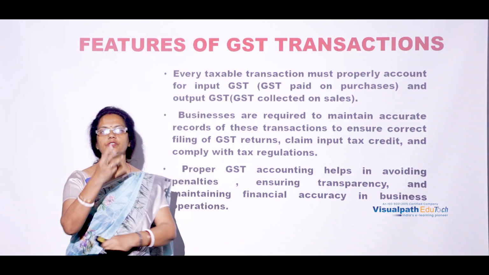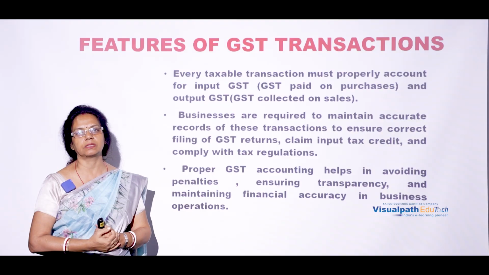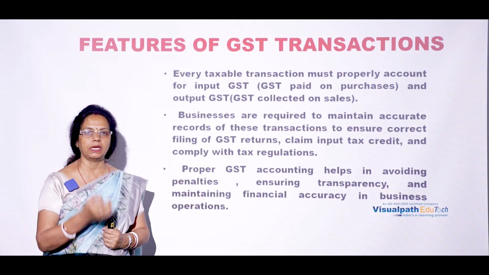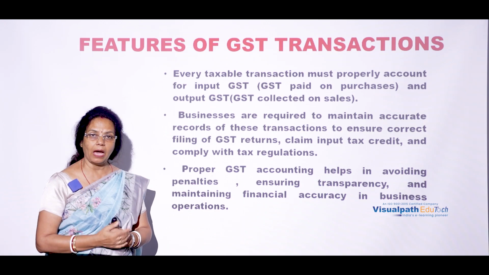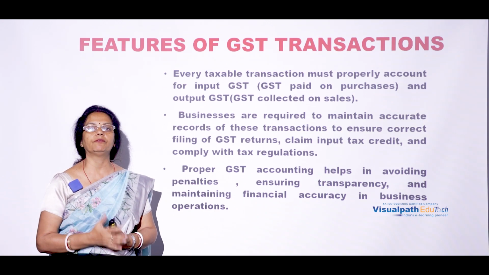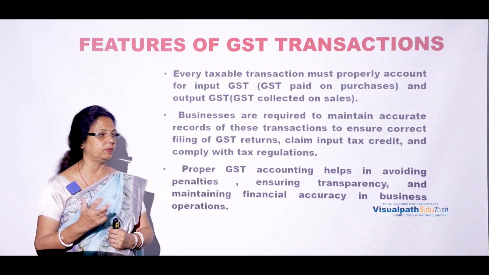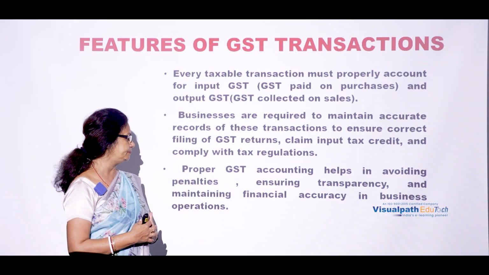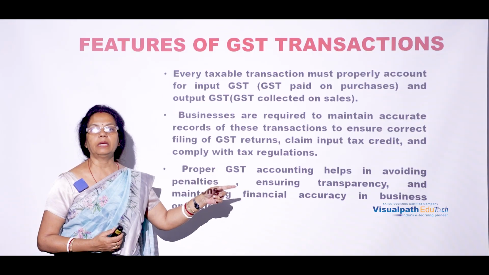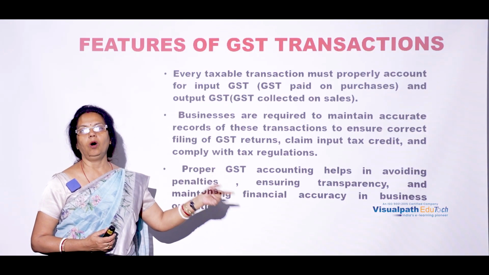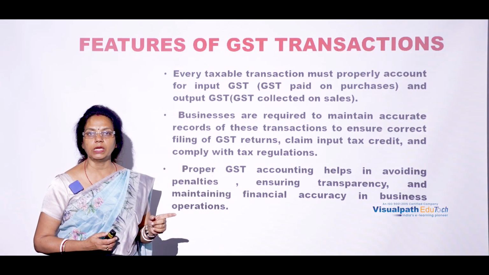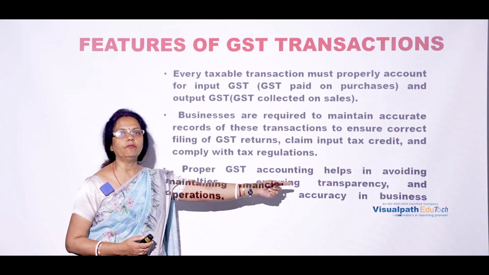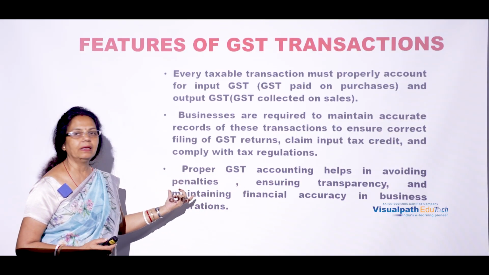So here we got three basic important terms. Under the third point, we get three basic terms which you have to remember as features or characteristics of GST. What are the three things we get? Number one, proper accounting. That means accurate calculation of the GST transactions. Why is accounting necessary? Because of avoiding the penalties.